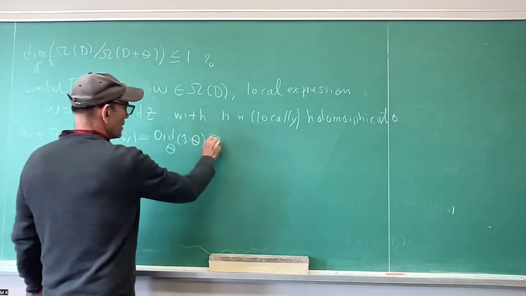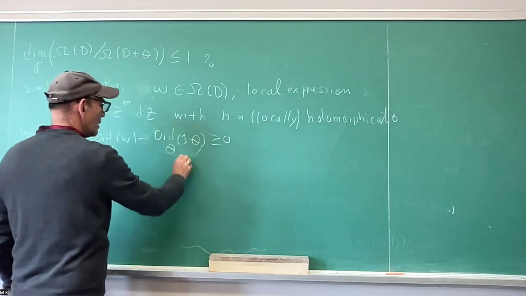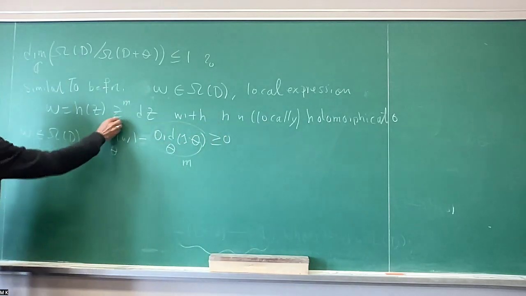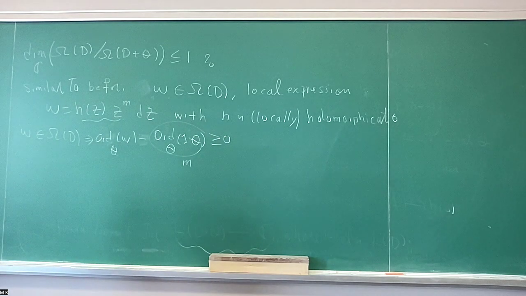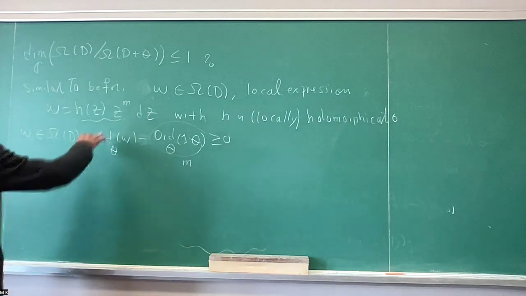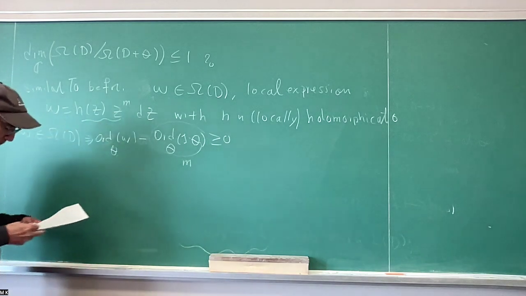Has to be bigger than or equal to 0, but this guy is m. It just means that this function, whatever it is, locally is a meromorphic function times dz, has a 0 of order at least m at that point because of this condition. So that's why you can write it like that, right?